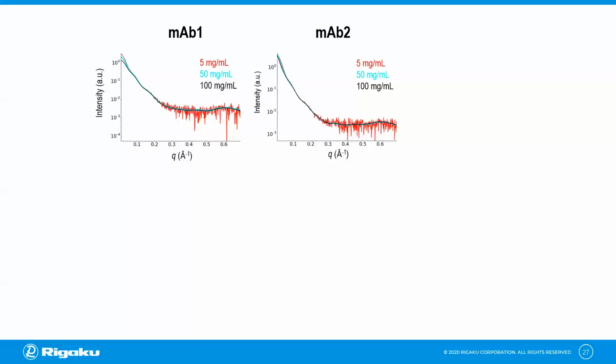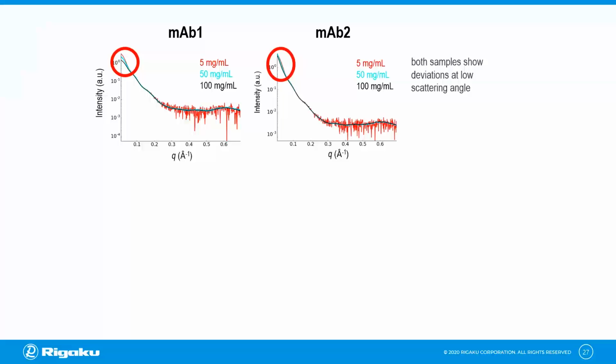So here are the observed SAXS profiles shown here. And in this case, what we do see is for one of the monoclonal antibodies, as you increase the concentration, you see that there's a downtick in intensity at the low scattering angle. And alternatively, the opposite is true, although to a lesser degree for the second monoclonal antibody.